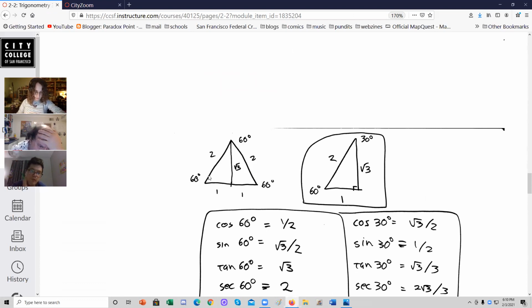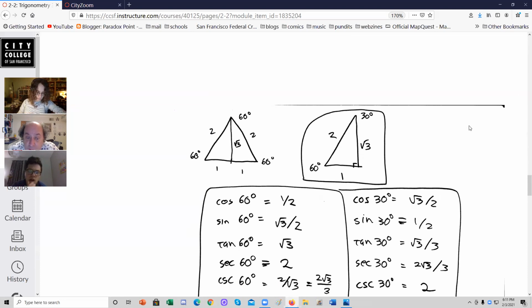And if you look at half of this triangle, where it goes down to 1, well, we have a 30, 60, 90 triangle, with this side 2 and this side 1. And if you do a bit of algebra with a Pythagorean theorem, it turns out this side is square root of 3. Now here you can read off the trig functions of 60 and the trig functions of 30.